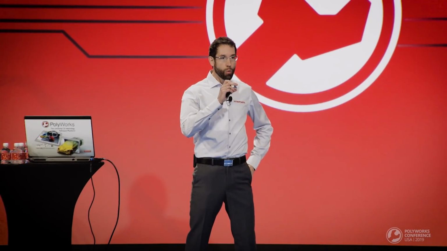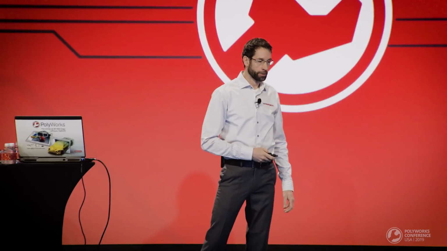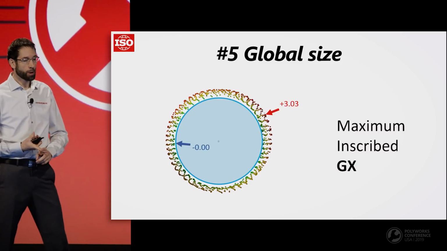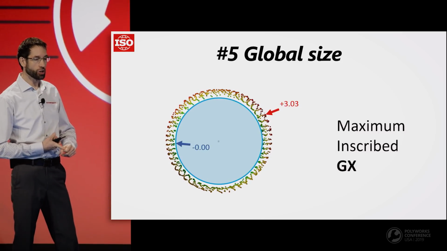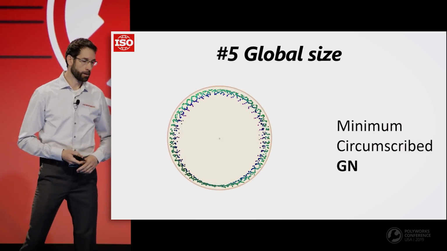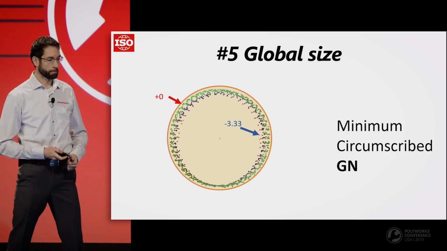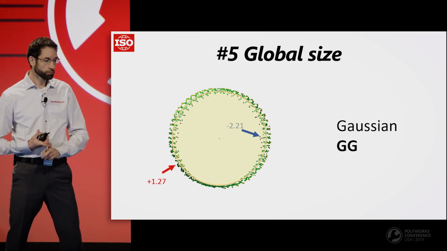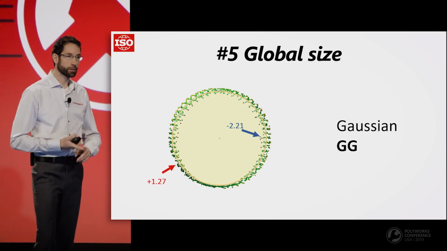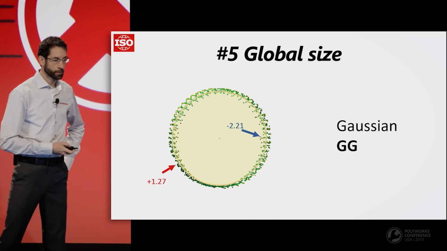Global size modifiers will allow you to specify how you want the controlled feature to be fitted prior to calculating the GD&T. So we will deliver the maximum inscribed modifier, GX. We have the minimum circumscribed, the GN modifier. Gaussian means best fit, GG.